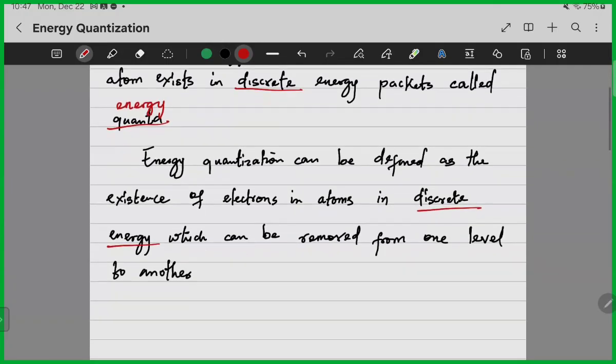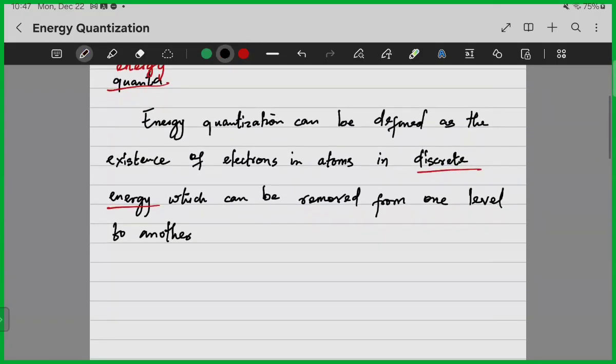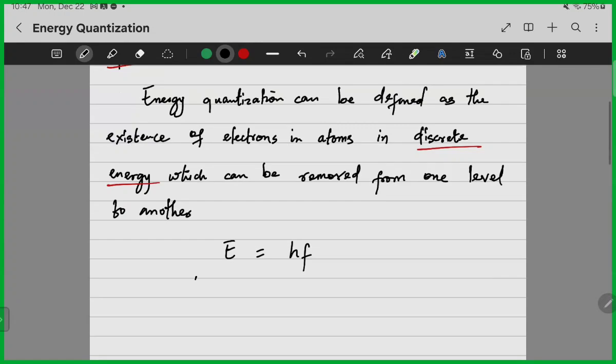So let's continue the discussion. We've established some things. If we write this as a formula, we write E equal to hf, where h is Planck's constant and f is the frequency.